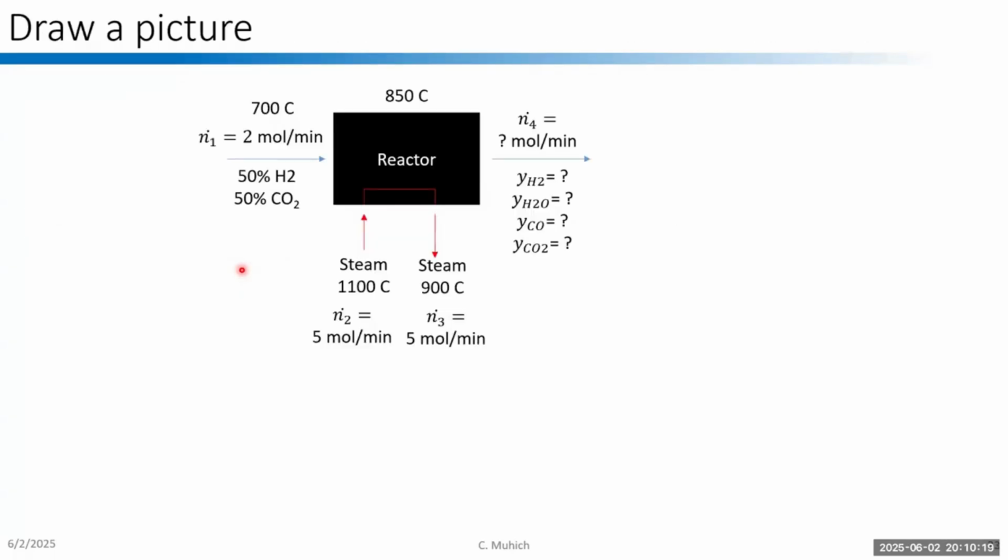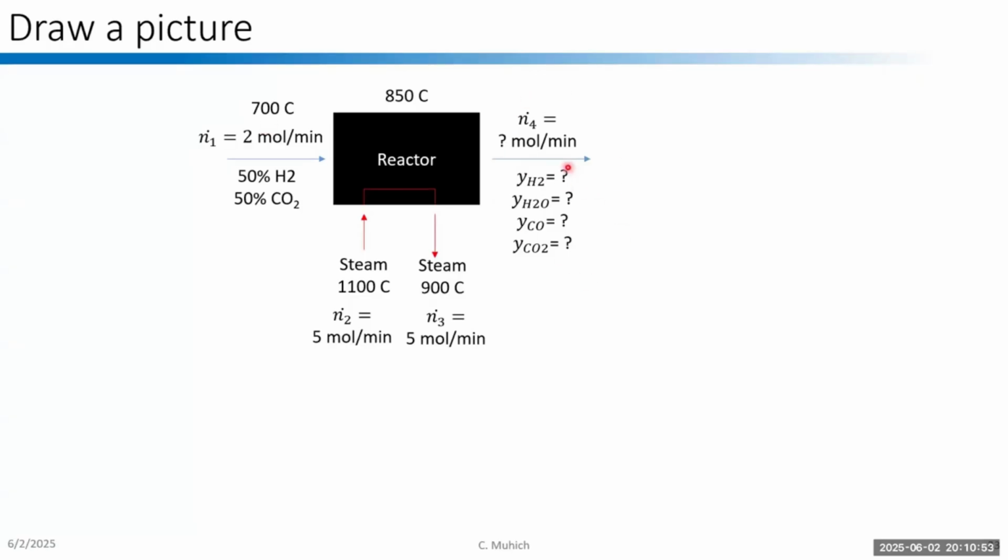So of course, let's first draw a picture. Here I have my reactor. I know that I have hydrogen and carbon dioxide entering the reactor at 1 mole each, so that's 2 moles per minute, and they enter at 700 degrees C. Here I'm labeling the temperatures because if I'm going to have an energy balance, it's useful to have all that information together.